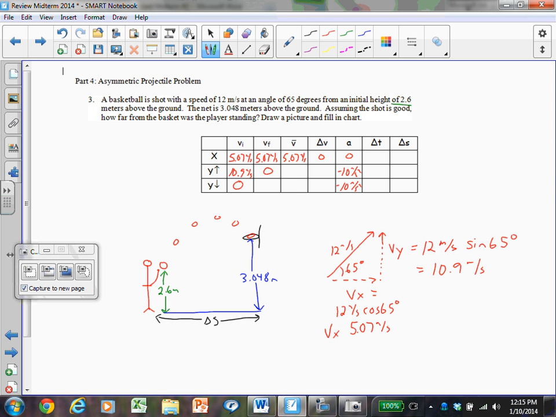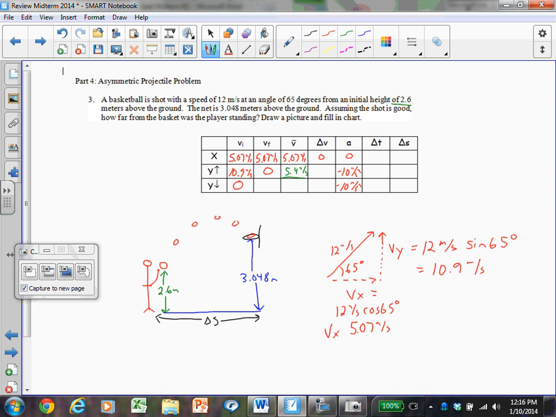So we don't know this. We need to get it. How high up does it go? We don't know yet. Okay, so the rest of the stuff we'll fill in. So to get V bar here, I divide that by 2 and get 5.4 meters per second.